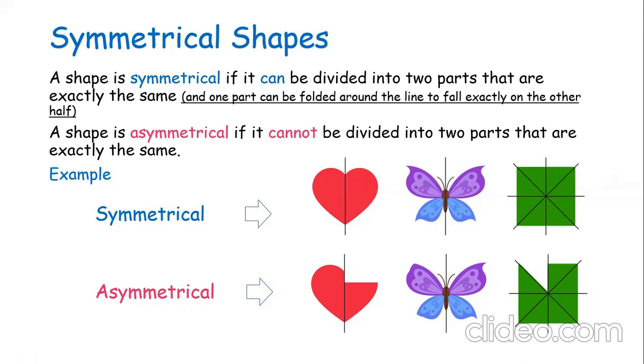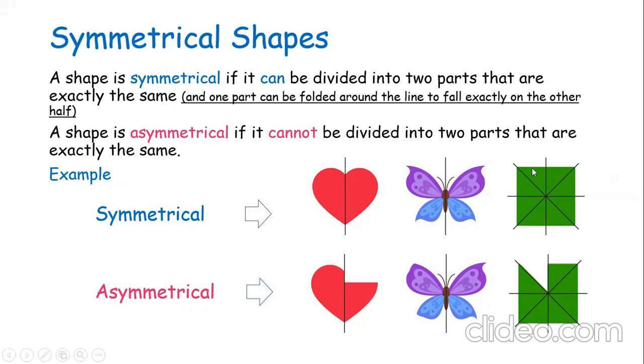And now if we take the third example, which is the green square we see here, we notice that this square can be split into two identical shapes using more than one line, or by more than one method. For example, using this line we see here, this square is divided into two parts.